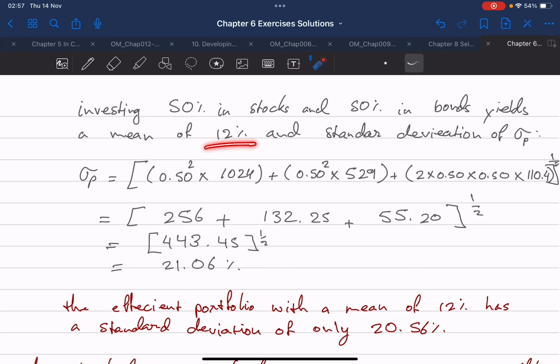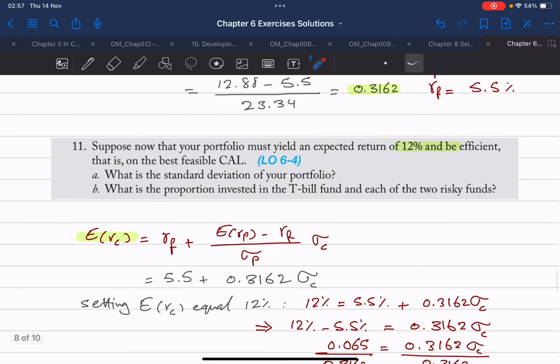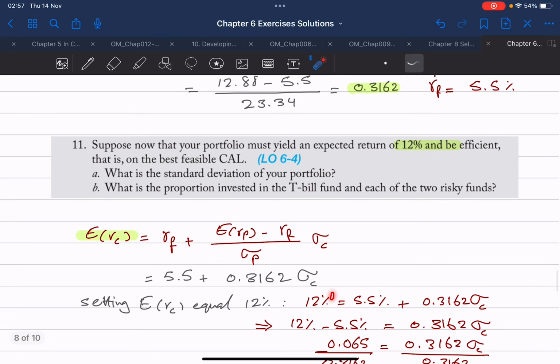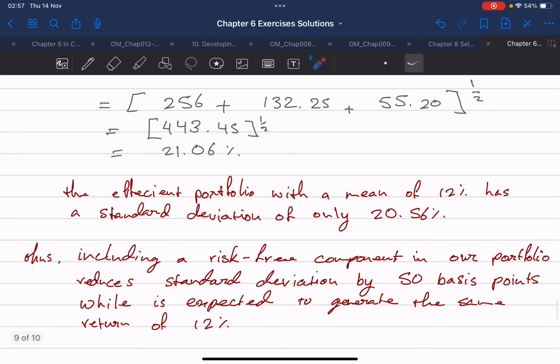Even though both portfolios are expected to generate a 12% return, right? Okay, that exercise shows us the benefit of having a complete portfolio, like we have explained in the lecture, that consists of a risky component, in this case the stock fund and the bond fund, and a risk-free component, which is in this scenario the treasury bills.